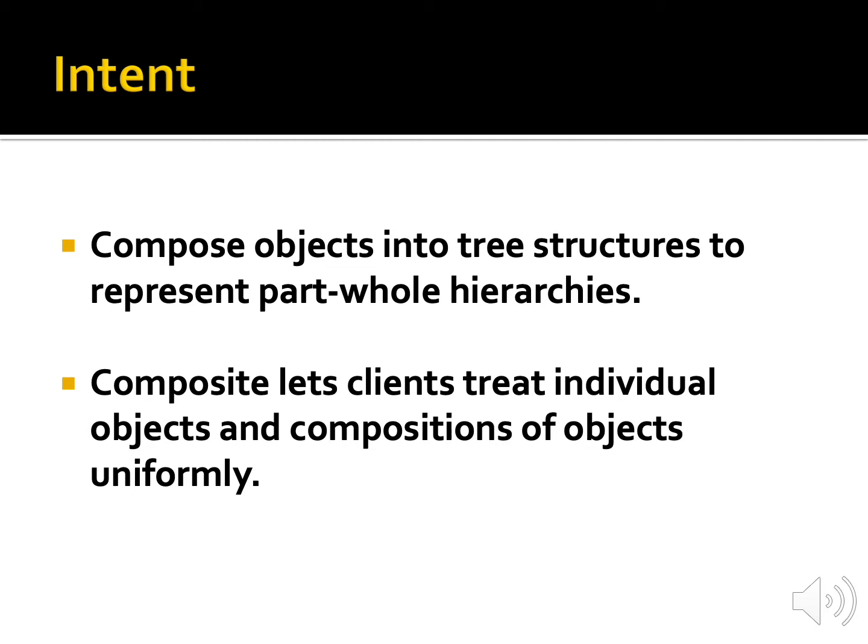There should be a uniform way, the same way, to treat both kinds of objects equally. So the key concept behind using composite design pattern is to manipulate a single object as well as the composite object uniformly. This pattern creates a class that contains a group of its own objects.